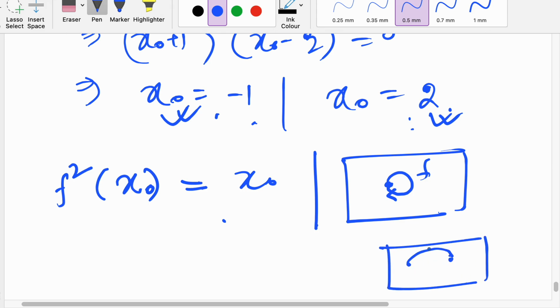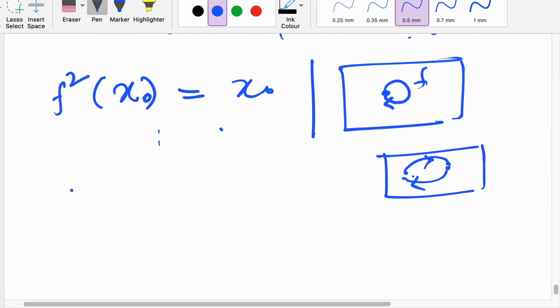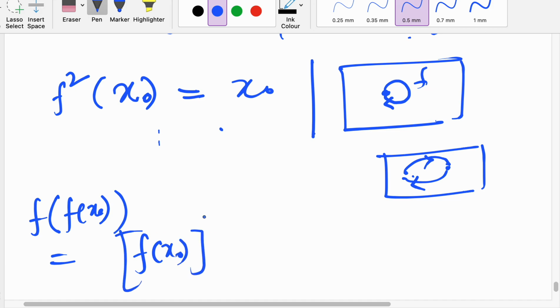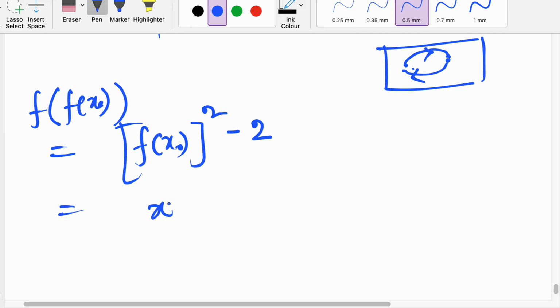So first x0 to x1, then x1 to x2. So first of all, f of x0 will mean f of x0, its square minus 2, and f of x0 means x square minus 2, its square minus 2.